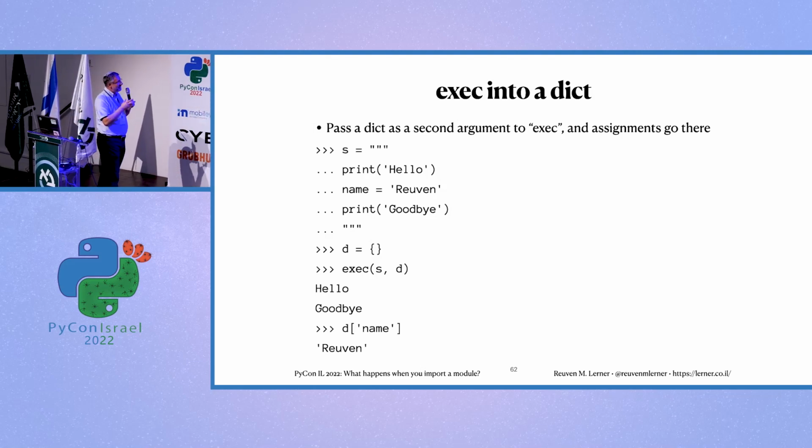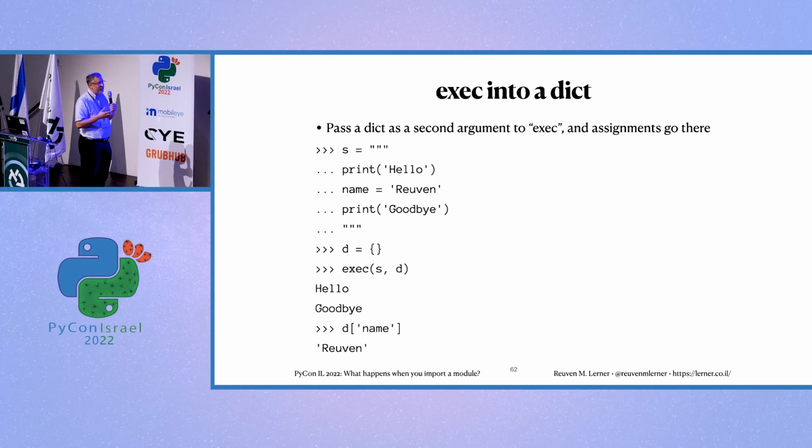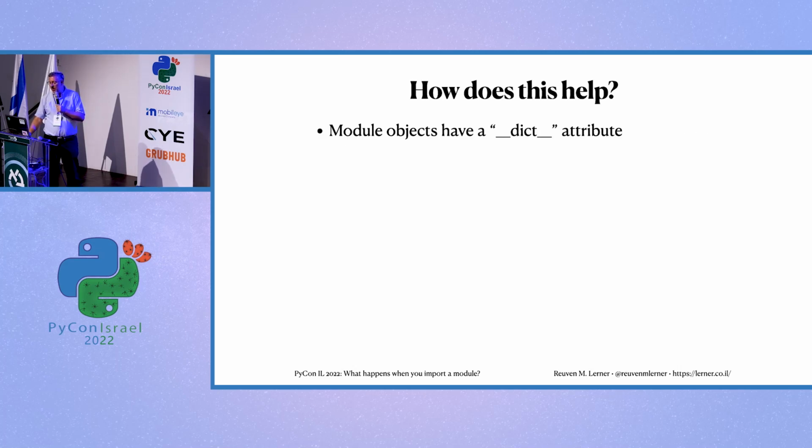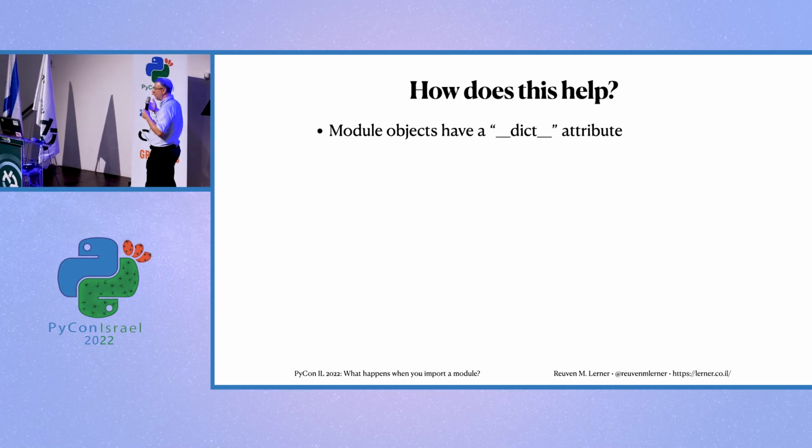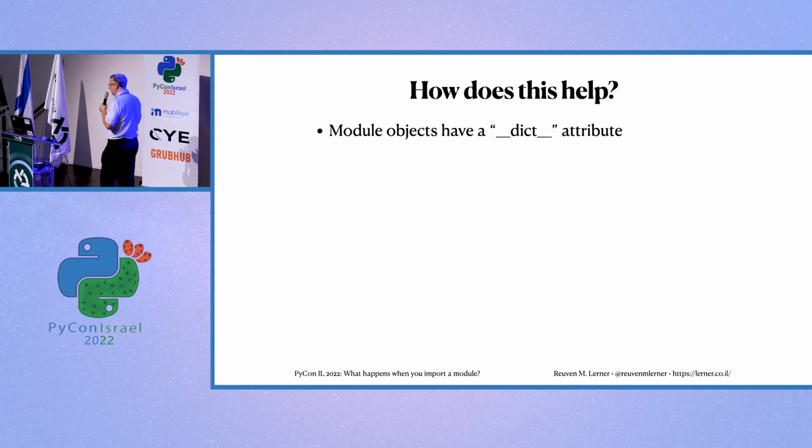Basically, when we assign into this dictionary, it might seem kind of strange, but there is a very clear reason why this exists. And that is because module objects contain dunder dict. Dunder dict is yet another one of these attributes that's set sort of magically on an object in Python.